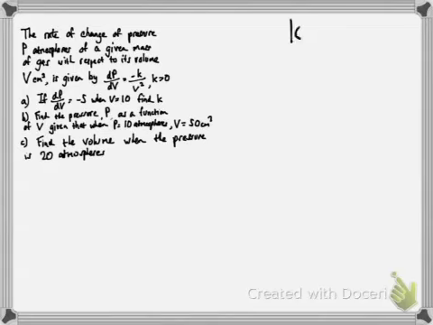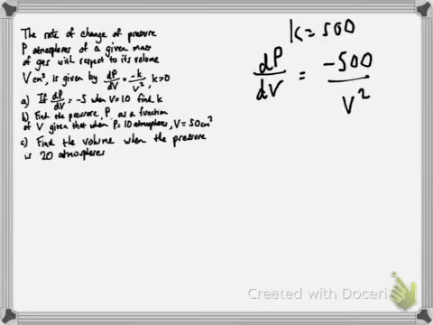So K equals 500, which means our equation for dP/dV equals negative 500 over V squared. Next question, question B. Find the pressure P as a function of V given that when P equals 10, V equals 50 cubic centimetres.